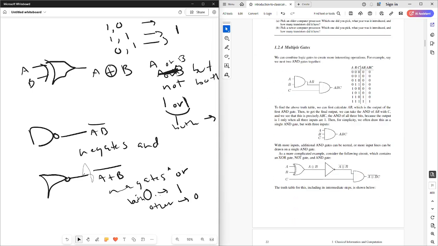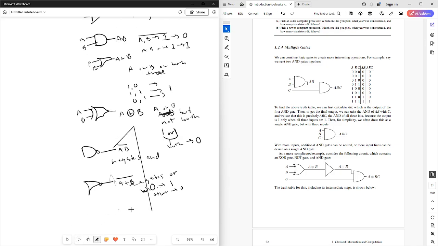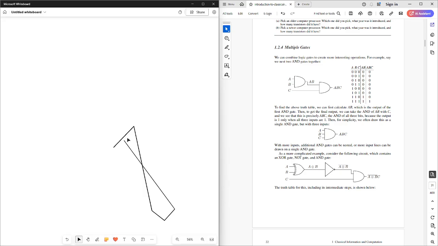Multi-gates. Okay, so now we're getting into... What is this nonsense? Dude, I swear this thing is cracked out. And yet these lines remain. So, you know what we're going to do?